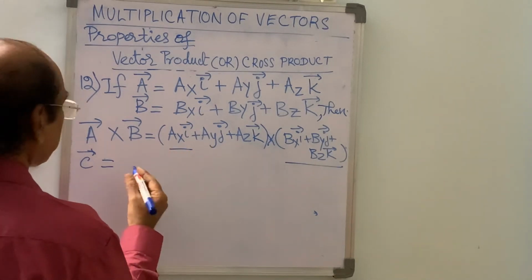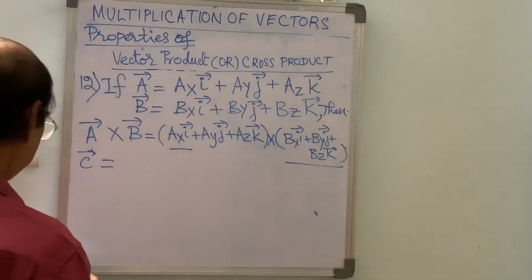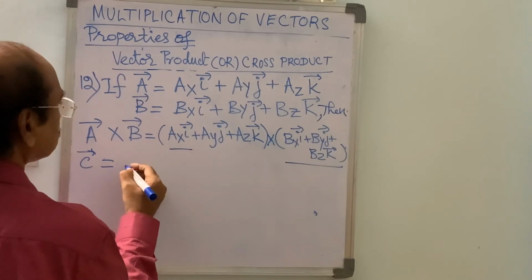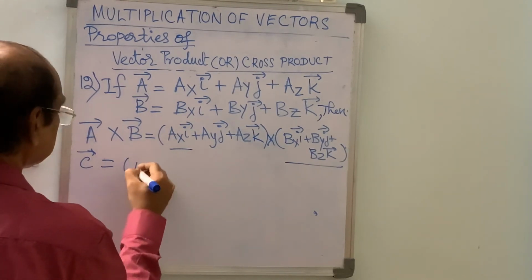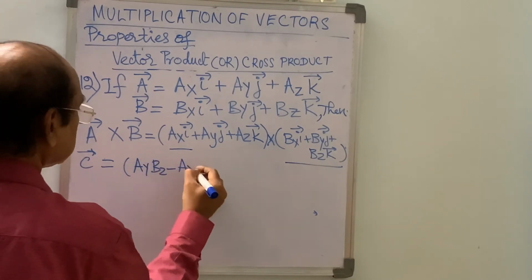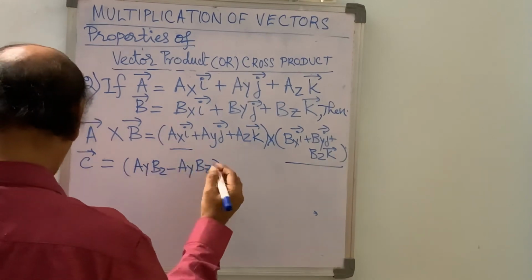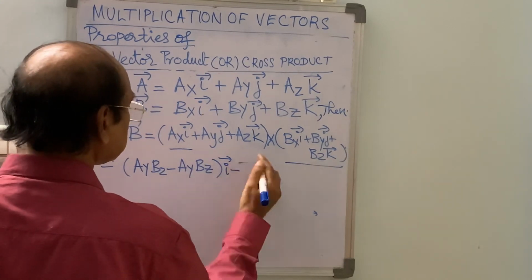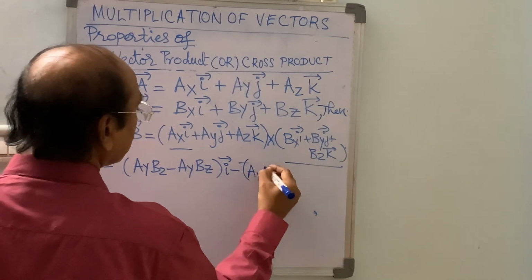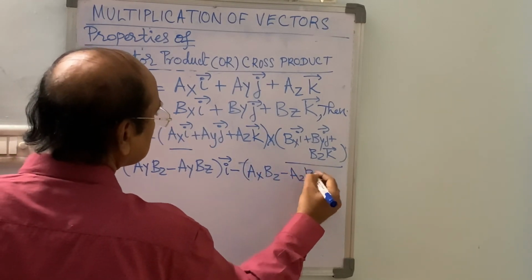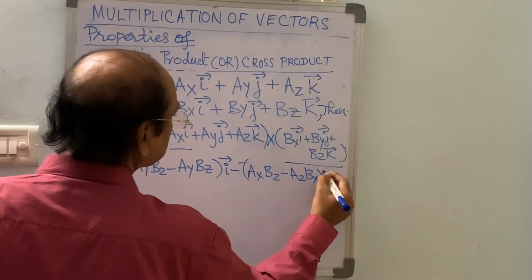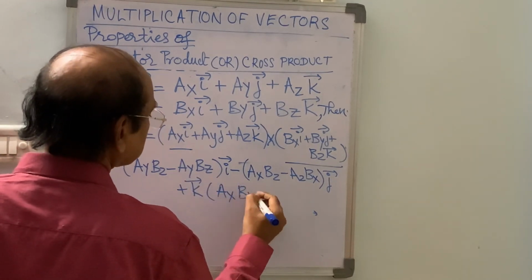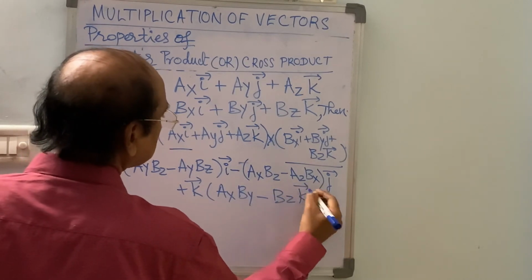So remembering those values, the product can be equal to (ay bz minus az by) into I bar, minus of (ax bz minus az bx) j bar, plus k bar into (ax by minus ay bx).